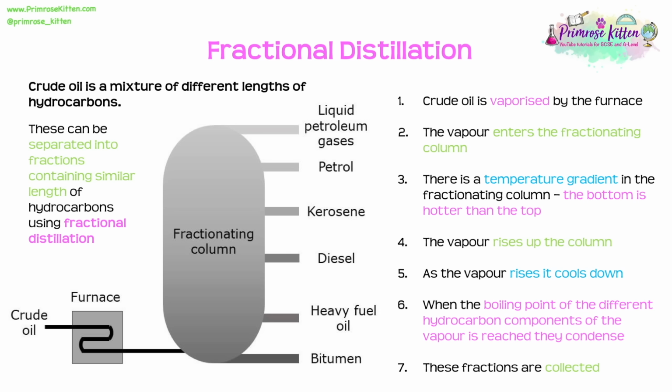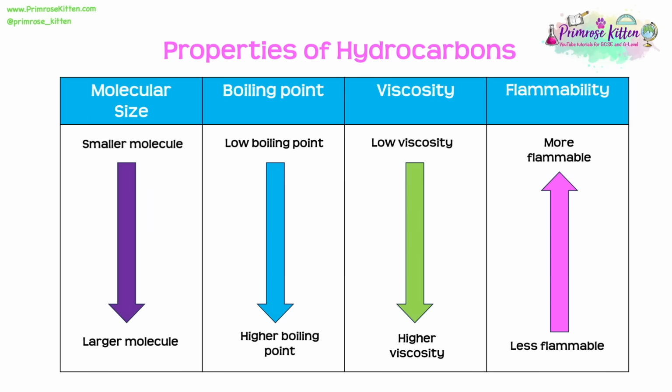As you can see from the diagram, the liquid petroleum gases will be collected at the top because they're going to have the lowest boiling point. Whereas things like the bitumen and the heavy fuel oil will be collected towards the bottom of this column. It's important that we know the properties of hydrocarbons with relation to the size of the molecule.